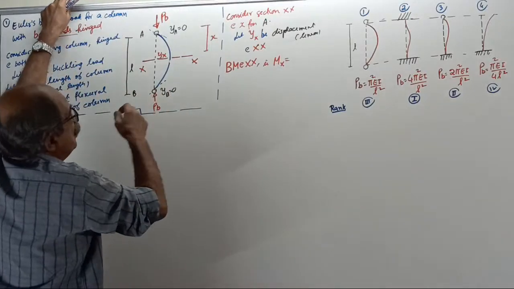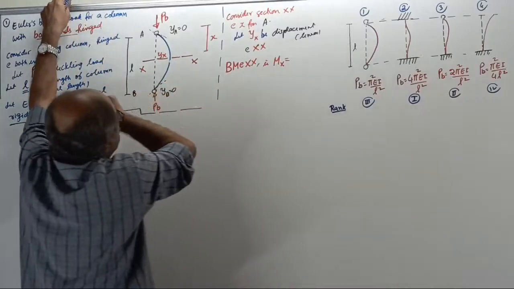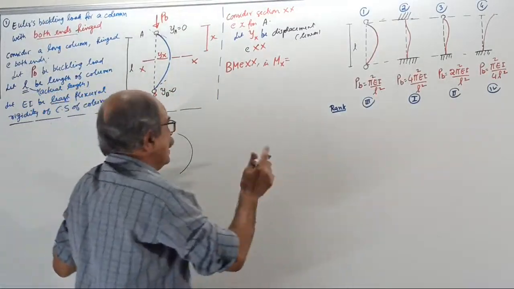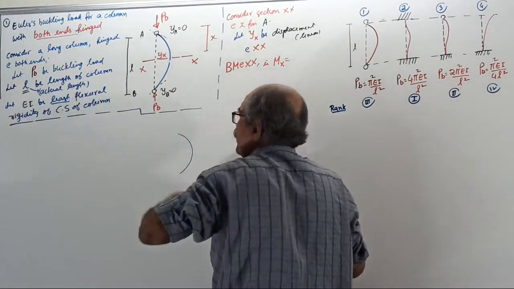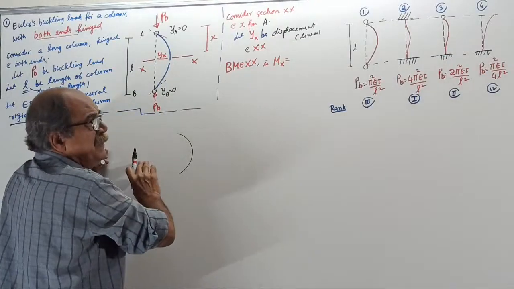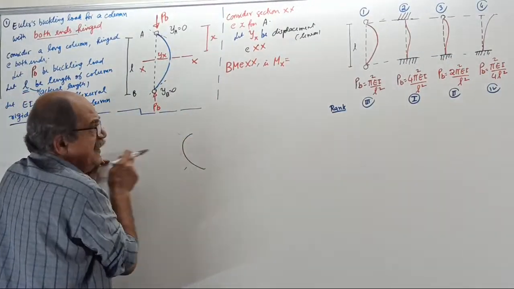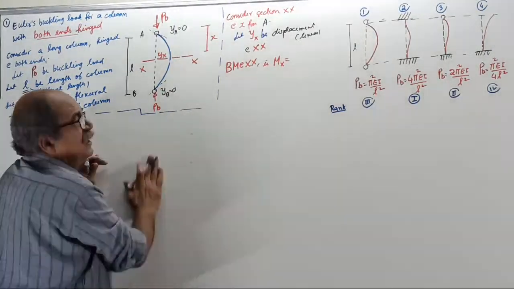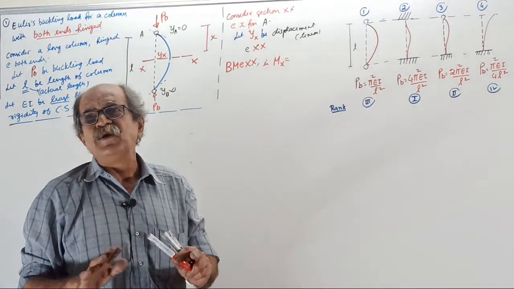Those who look from this side will tell sagging, those who look from the other side will tell hogging, depending on which way the column buckles. So here it hardly matters, because signs for bending are not important.